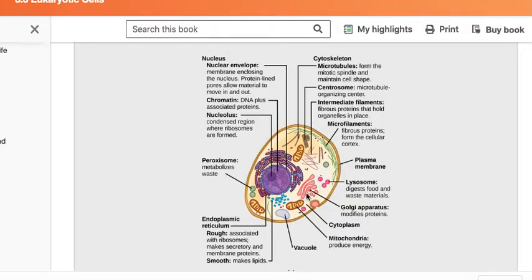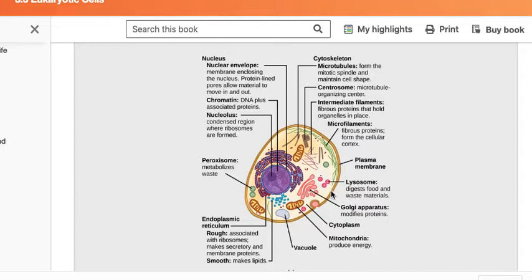And this makes the whole system more complex. Now, this is an animal eukaryotic cell, but plants actually store their energy as starch, while animals will store their extra energy in the cells as glycogen.